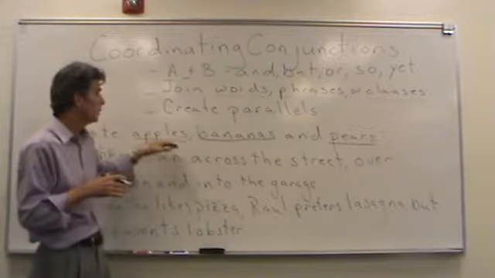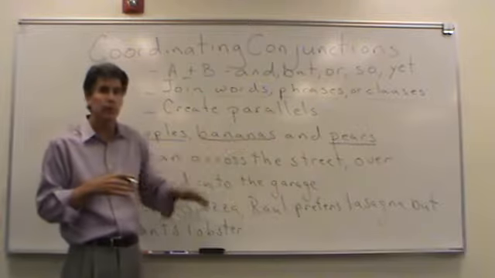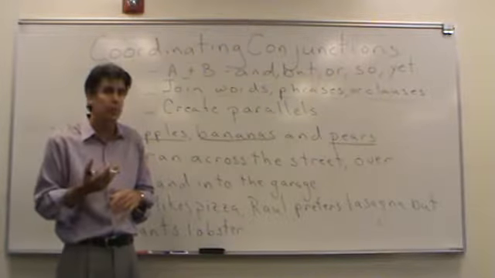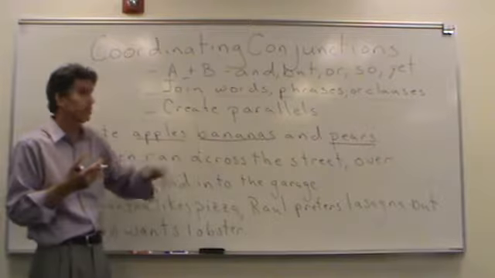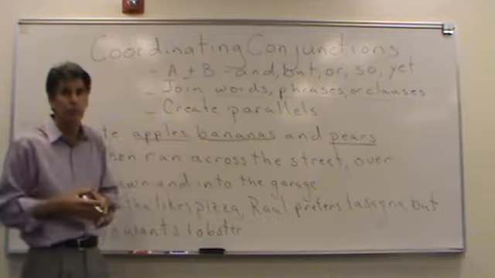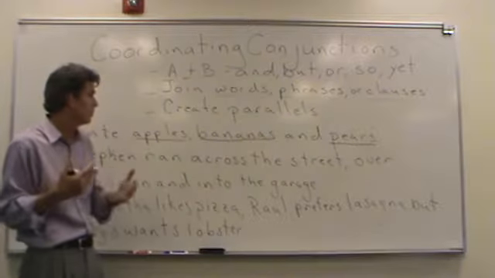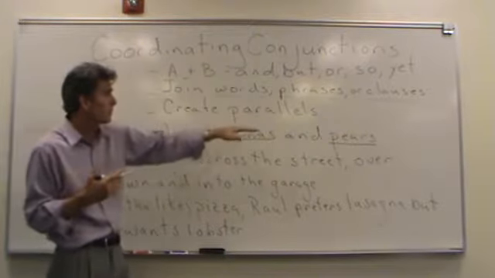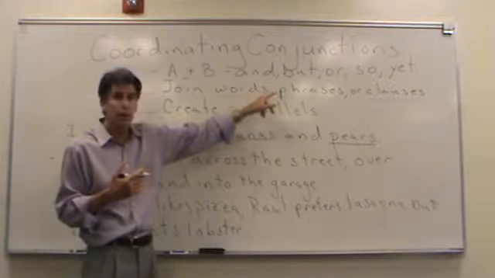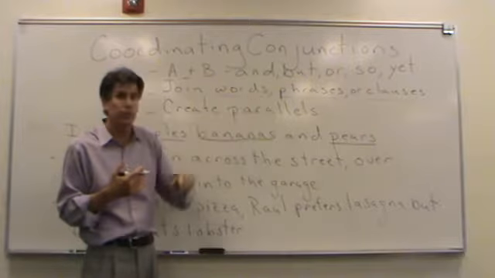I ate red apples, yellow bananas, and green pears. That sentence works a little more effectively, most people would think, than the apples, bananas, and pears. If you prefer straight apples, bananas, and pears, that's your choice. That's fine. I found that most people prefer adding the color to each one. And grammatically what you're doing is adding adjectives to them and creating noun phrases.